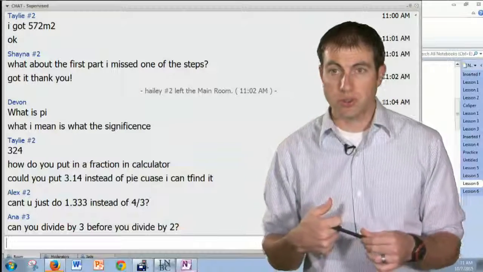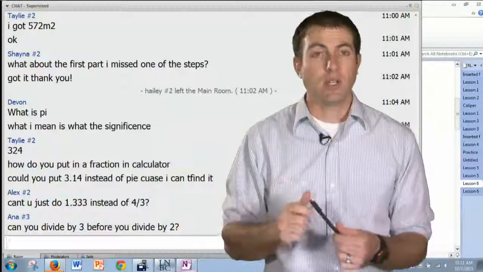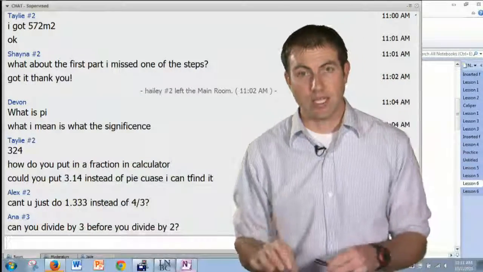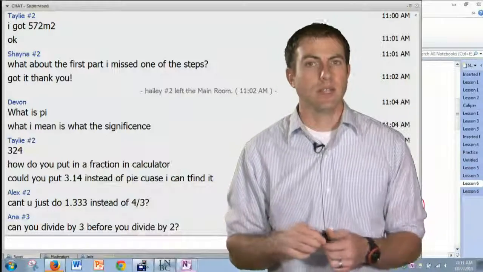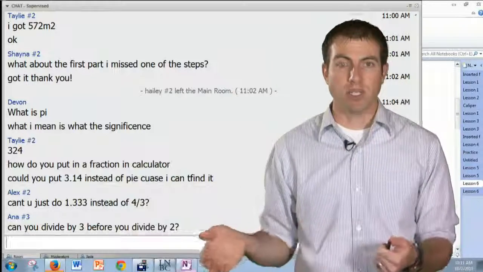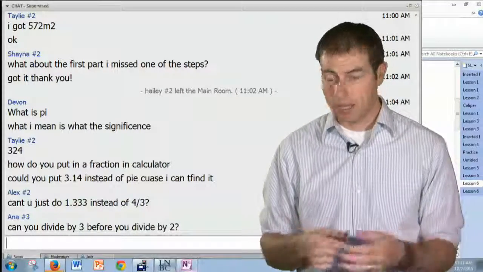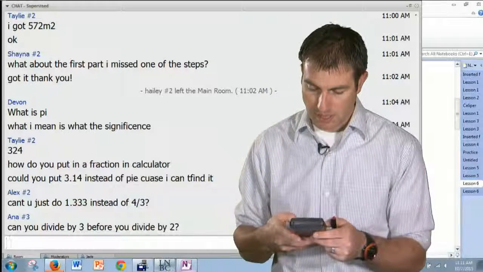Can you just do 3.14 instead of pi? Taylor, I'm going to go with no, because I know on the exam and even on the tests you guys do, 3.14 isn't going to be a good enough approximation for pi. So if you're going to use an approximation for pi, let's see if my calculator throws the digits at me.